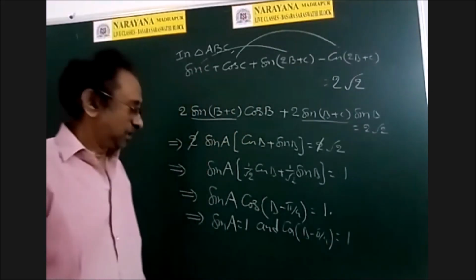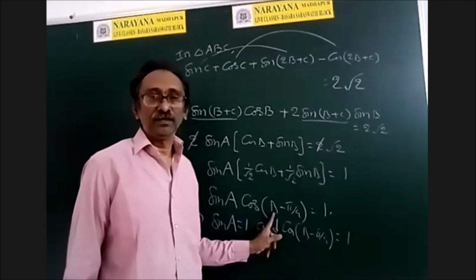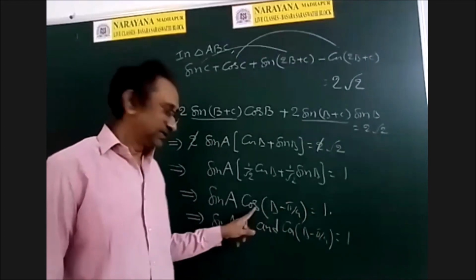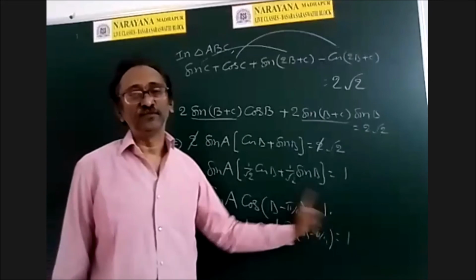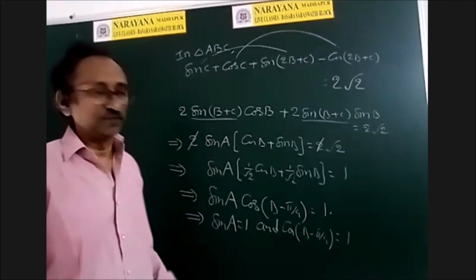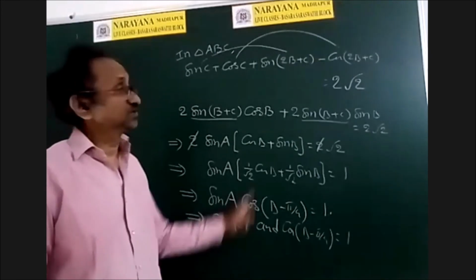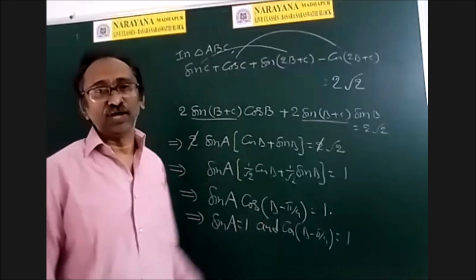Sir, why 1, sir? Suppose this may be half, sir. If this is half, this must be 2. Half into 2, then only the product is equal to 1. But this cannot be 2. Okay, therefore the only possibility is both are 1. Of course, there is another possibility that both are minus 1. But sin A cannot be minus 1. In triangle ABC, A is between 0 and pi, sin is always positive.